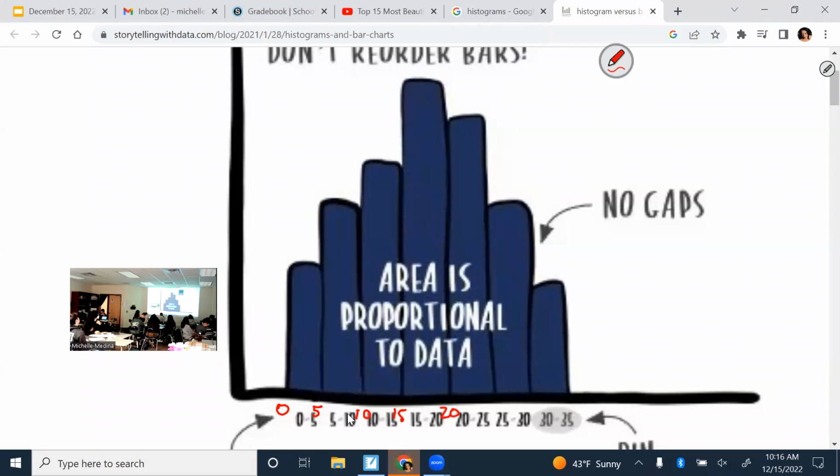If it's labeled like I labeled it in red, just know that if it's 5 exactly, it would go in this bar, according to histogram rules. So in reality, this bar just has from 0 to 4. This one would have from 5 to 9. This one would have 10 to 14, because your histogram should have even intervals. And if it's the maximum number in that interval, it moves to the next one. It's kind of weird, but that's how it is.